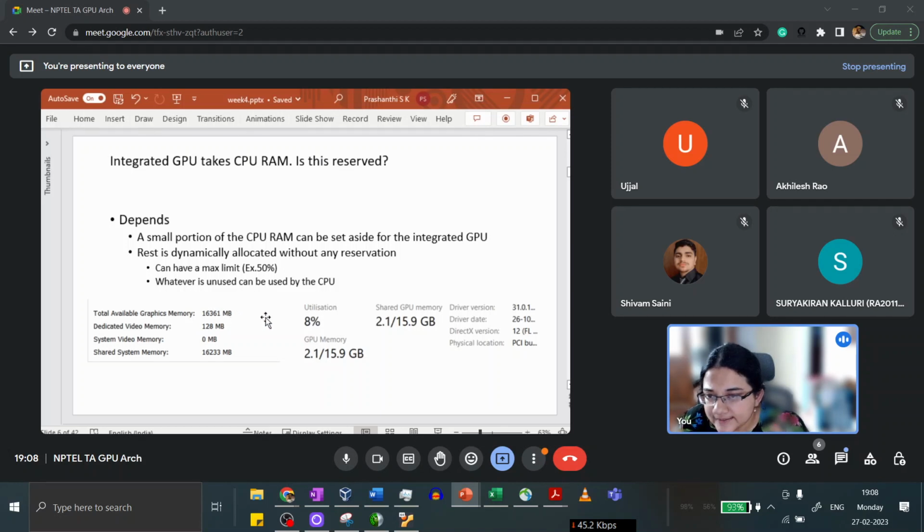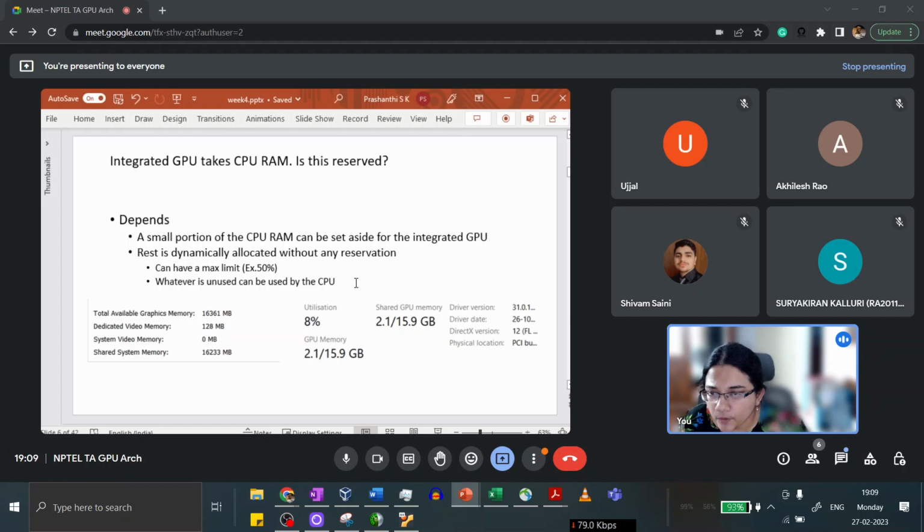But the 16 GB is not reserved, in the sense that if the GPU is using just 2 GB, then the CPU has the rest of the 30 GB free for its own use, which you can see here. The GPU memory being used is around 2.1 out of 15.9 GB. So only 2 GB out of this maximum 16 GB is used, which means the rest is free for the CPU to use.